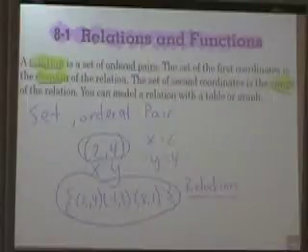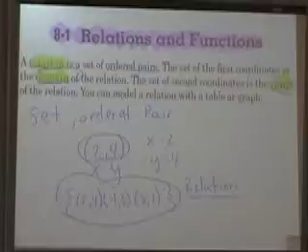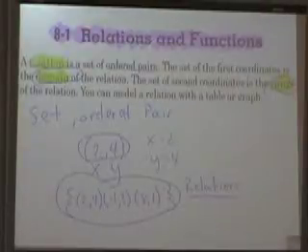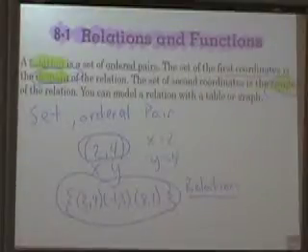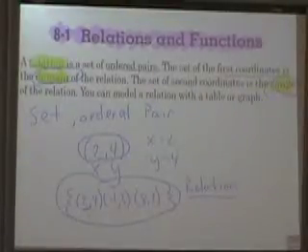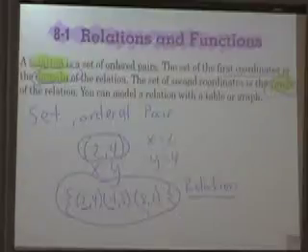Now, they're going to want you today to find the domain and the range of this relation. It says here, the set of the first coordinates is the domain. So the first coordinates would be 2, -1, and 8.